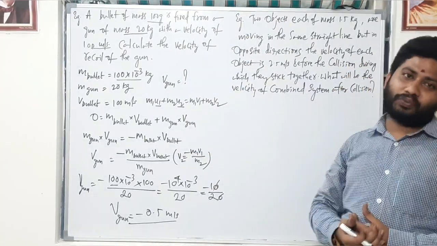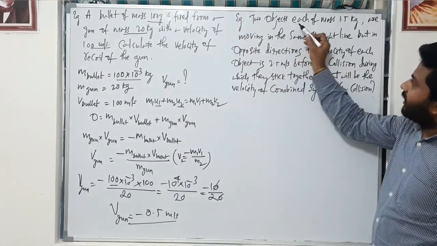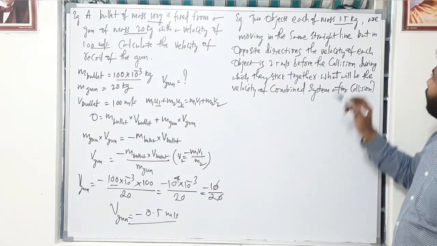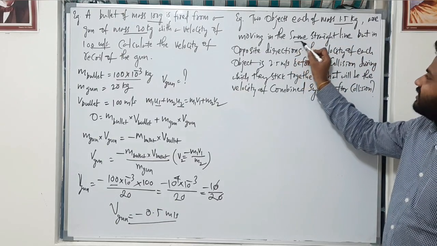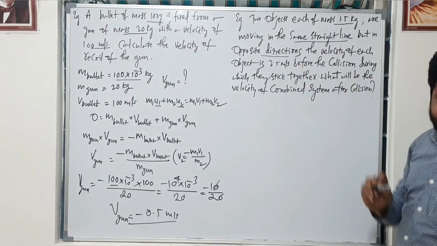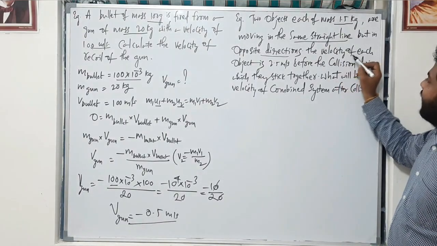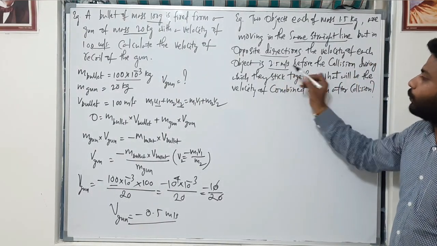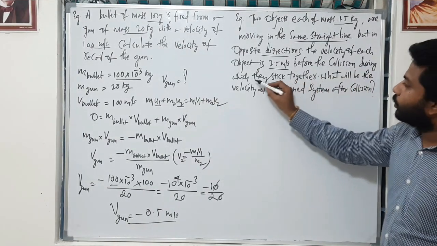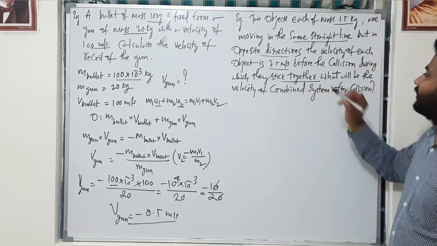Let's see one more numerical. Two objects each of mass 1.5 kilogram are moving in the same straight line but in opposite directions. The velocity of each object is 2.5 meter per second before the collision, during which they stick together.